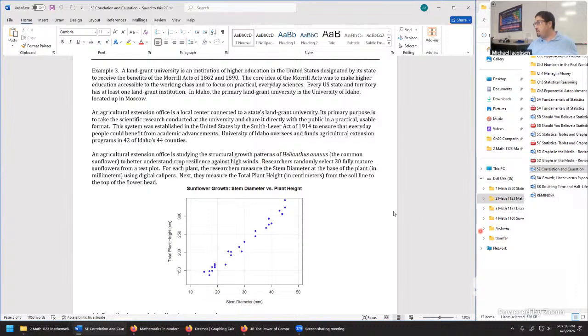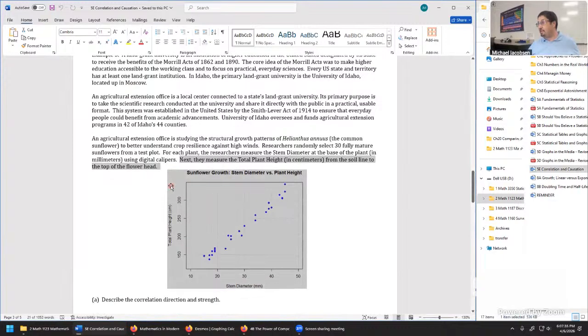So the researchers randomly selected 30 fully mature sunflowers from a test plot. For each plant, the researchers measured the stem diameter at the base of the plant, and it says they are using calipers to make that measurement. So right at ground level, they found out how wide its trunk was, essentially. Next, they measured the total plant height in centimeters from the soil line to the top of the flower head.